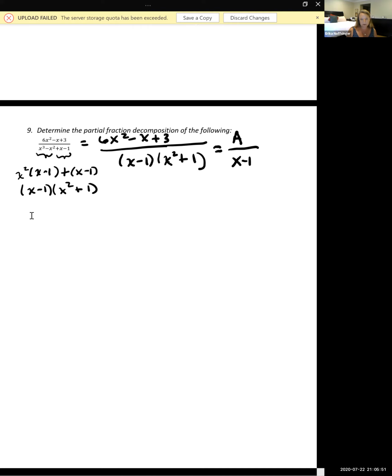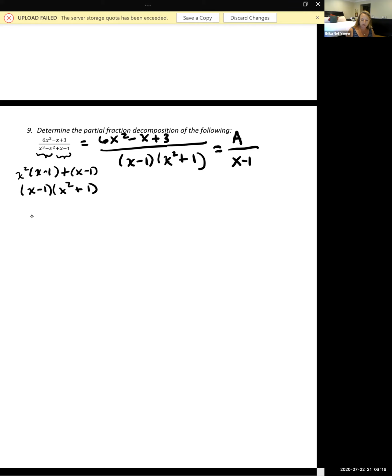If this had been repeating, let's say this was cubed, then I would have to have 3 fractions: A over x minus 1 plus B over x minus 1 squared plus C over x minus 1 cubed, and I would do that until I got to that power. The next type of factor, x squared plus 1, is quadratic, again irreducible over the real numbers.